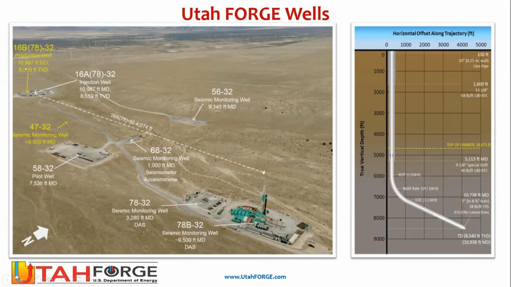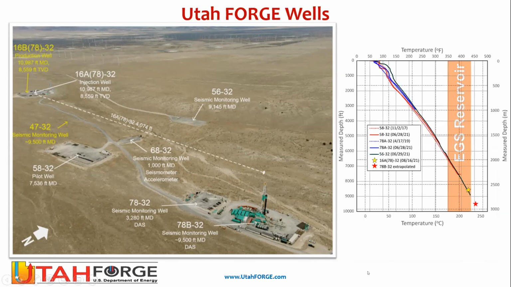The injection well 16A, shown here in white, had a trajectory drilled at 105 degrees south of north. And that was in the inferred direction of the minimum regional principal stress, so that multiple transverse fractures could potentially be created across the length of this particular well.